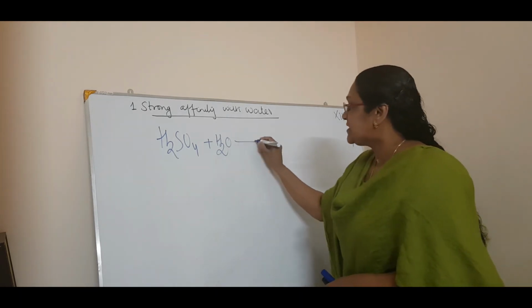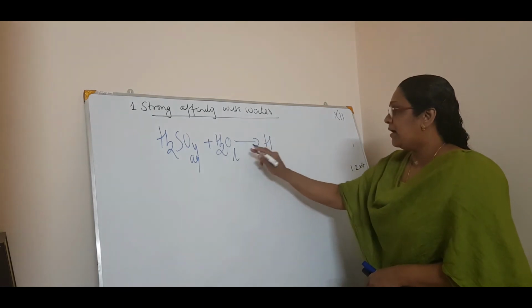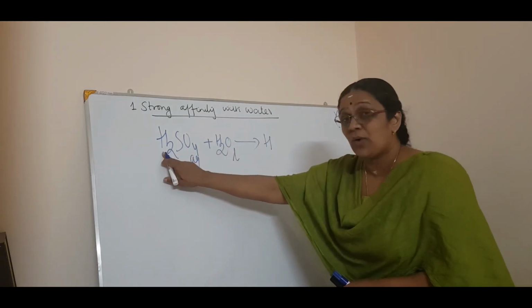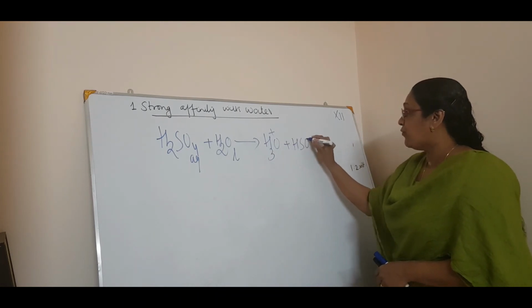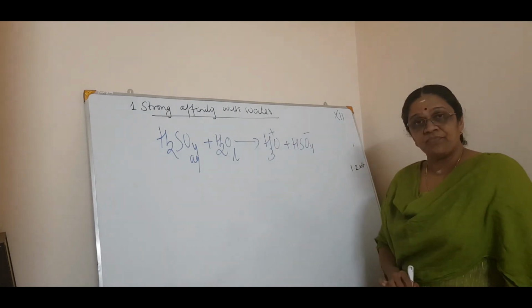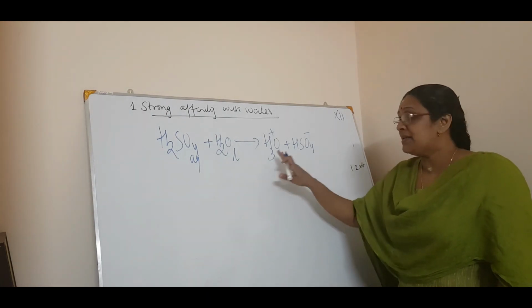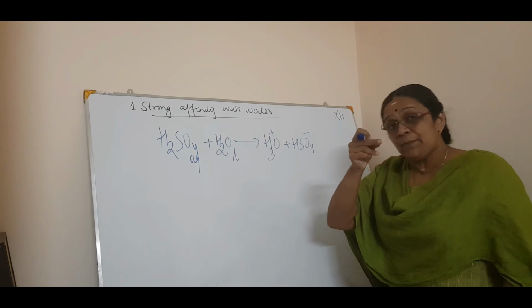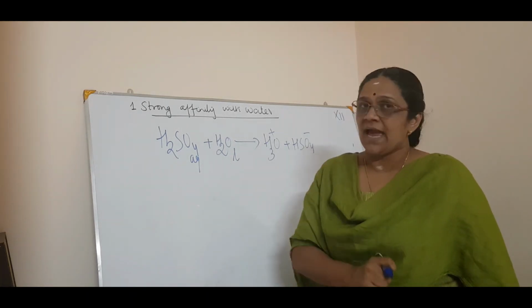That means, this is liquid and aqueous, first it will form H2SO4 leaving one hydrogen. That means H3O+ plus HSO4-. See, it forms a bisulfate ion first. It liberates its hydrogen in two steps. That is why it is called a dibasic acid.